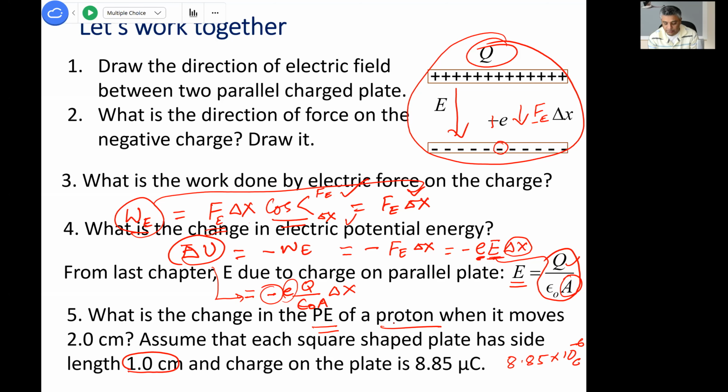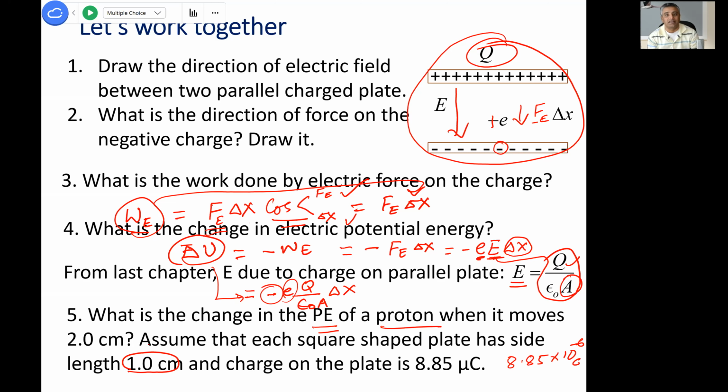And now, what is the change in potential energy of a proton when it moves 2 centimeters? So in this case, it does not say it's being pushed by something. It's just moving. So that means it is freely moving because of the electric field. We are not told which way it's moving, but we can figure that out.